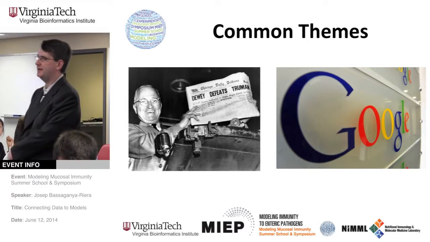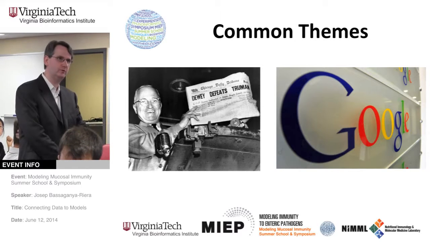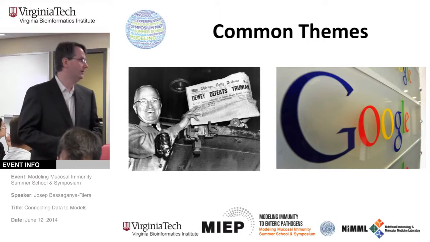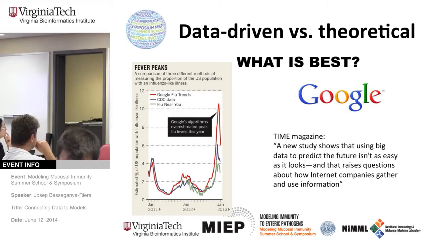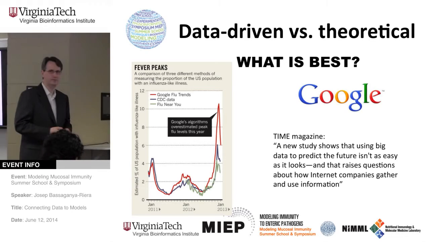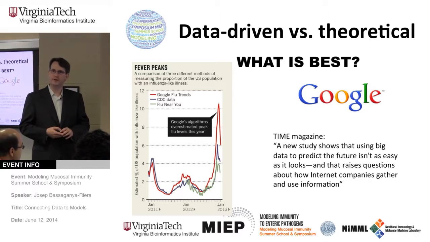In fact, they were not able to predict the 2009 swine flu outbreak, even though this tool was already available, and their data doesn't seem to match very well the CDC. And so what we have here is that Google algorithms overestimated peak flu levels last year, and they didn't do a very good job in previous years.